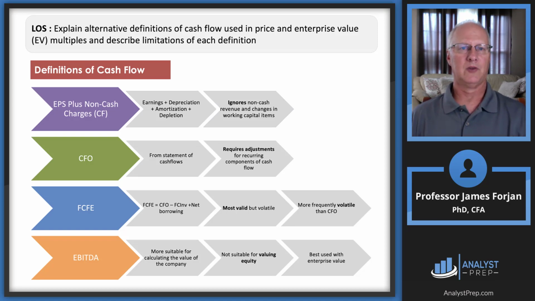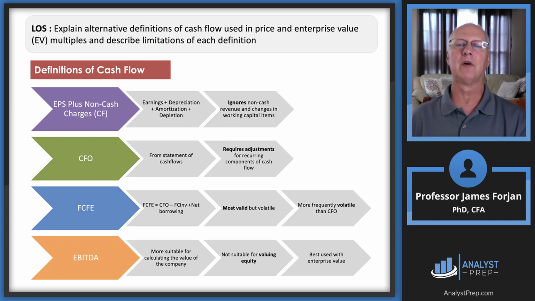Here's an LOS where you can say, oh hey, Jim, we just did this recently in that cash flow reading. So here we go. Definition of cash flows. We can start with earnings per share and then just add the non-cash charges. We can take the cash flow from operations from the statement of cash flows. We can compute free cash flow to equity, and then we can go to the income statement and get EBITDA.